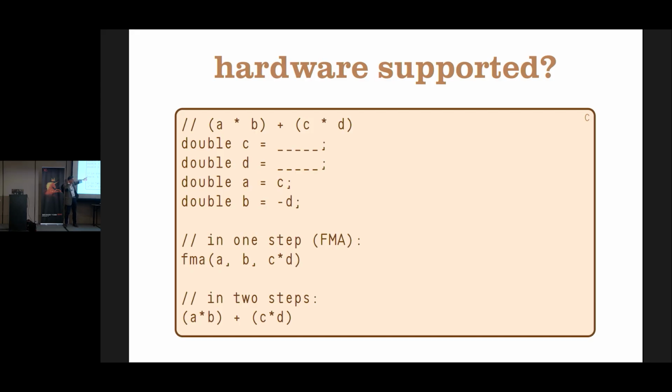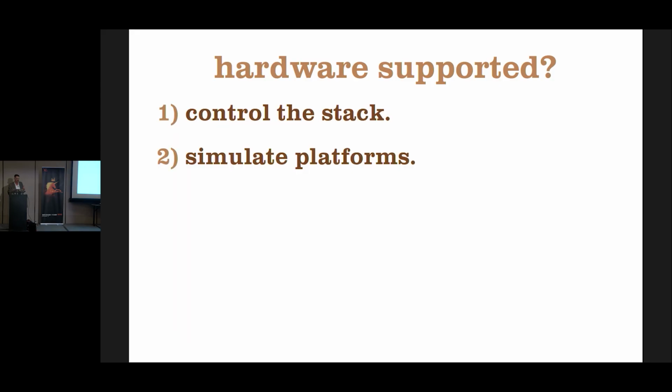If you FMA A times B and C times D, you get the wrong answer. And if you do it in 2 steps, you get the right answer, because it lets the two cancel each other out. So here we have a case where if we optimize the first time, we get the right answer, and if we optimize the second time, we get the wrong answer. So I'm not convinced that saying control the stack is actually a meaningful solution, given the vagaries of the system on the ground.